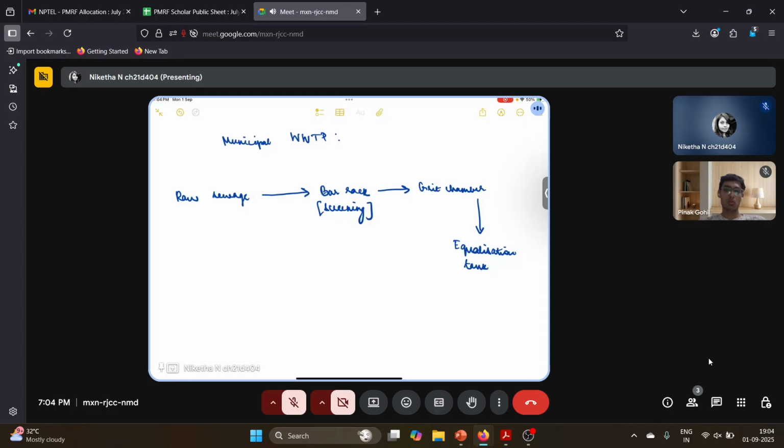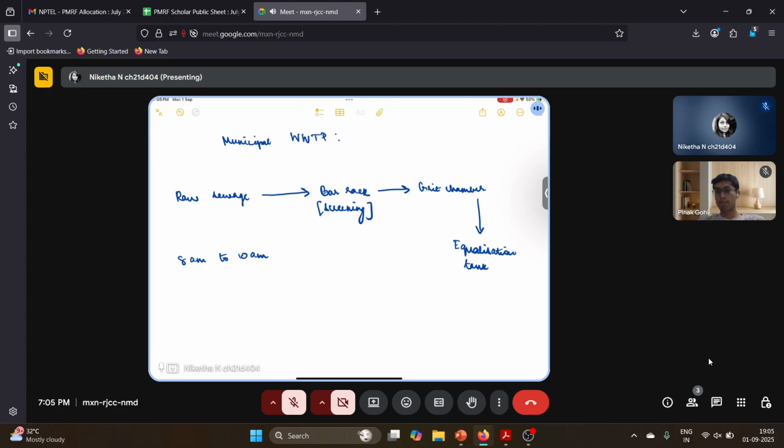Because in the morning, many people will be getting ready to go to office, so there will be a lot of washing, bathing, showering, and all that. During specific periods, especially from let's say 8 a.m. to 10 a.m., there is going to be a lot of sewage coming out because there's going to be cooking, cleaning, washing, bathing, showering. All of this is going to happen.